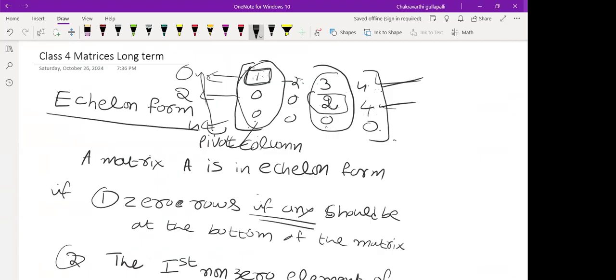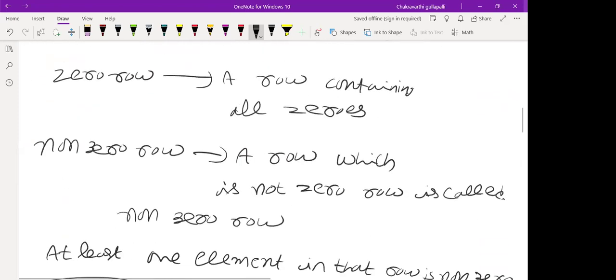If there is any, it should be at the bottom. If it is not there, very happy. This rule is not applicable then.